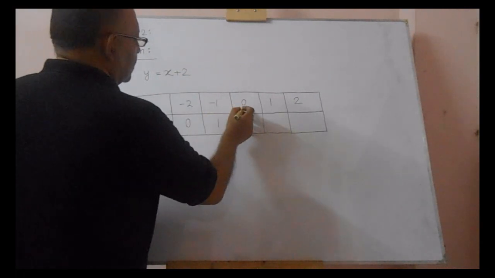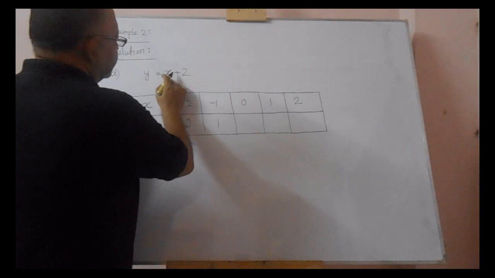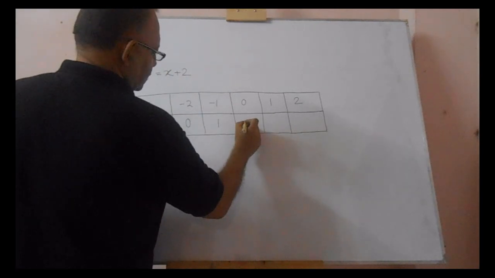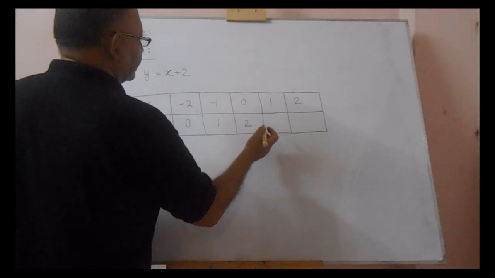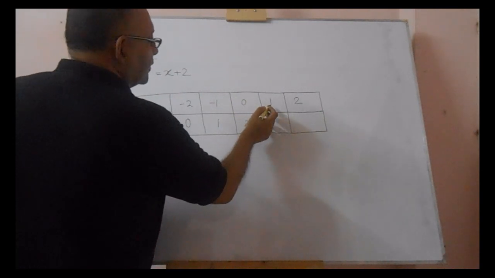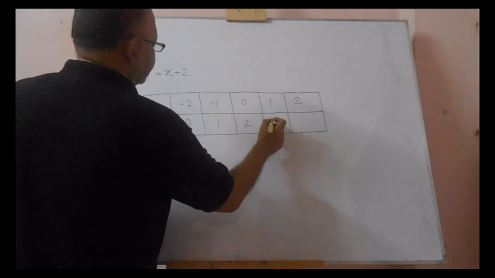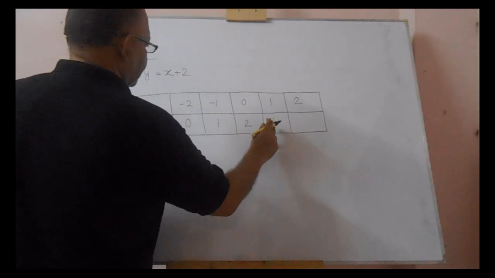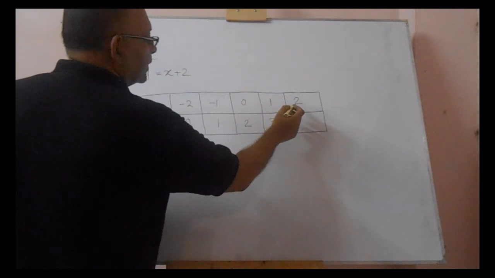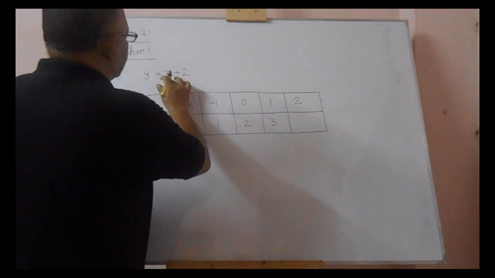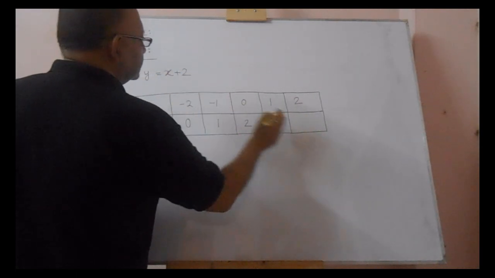If x is 0, we get 0 plus 2 equals 2. If x equals 1, we get 1 plus 2 equals 3. If x equals 2, we get y equals 2 plus 2 equals 4.